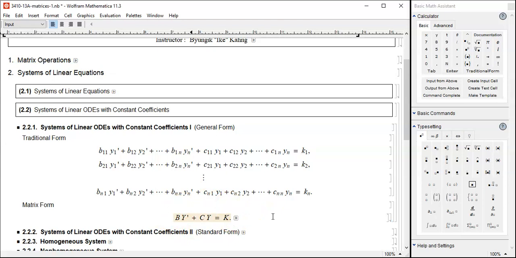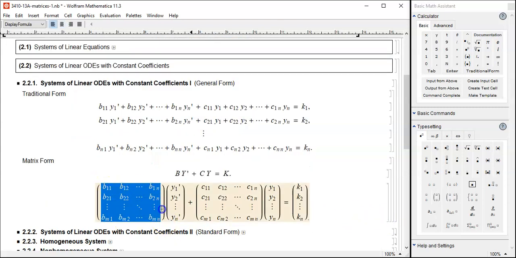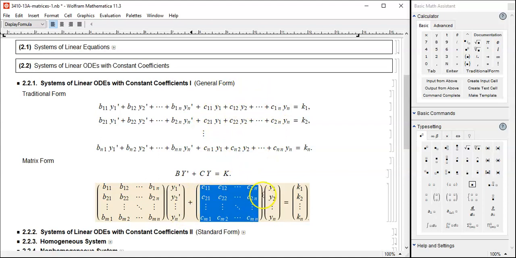Does it make sense? If it doesn't, let's open it up. Now all these are B's, coefficients for these, and then these are y prime, so y1 prime, y2 prime, and so on. And all these are C's, this matrix here, and then we have y, y1, y2, y3, those kind of things. If you take matrix multiplication, first row times first column gives me this.